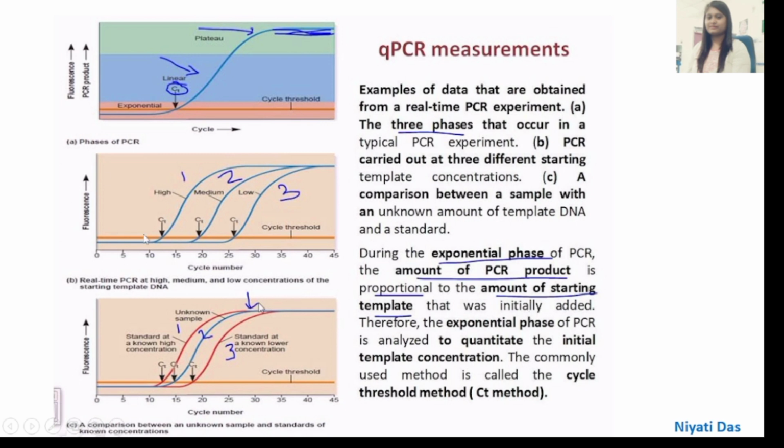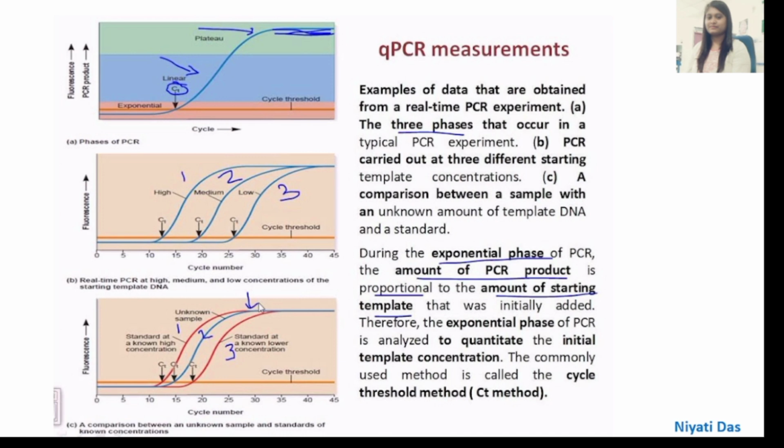Then there is another term, known as CT or cycle threshold. Why is the CT important in qPCR, and what is the role of CT here? The CT value is the cycle during the exponential phase at which the concentration of product is high enough that we can separate it from the background noise.